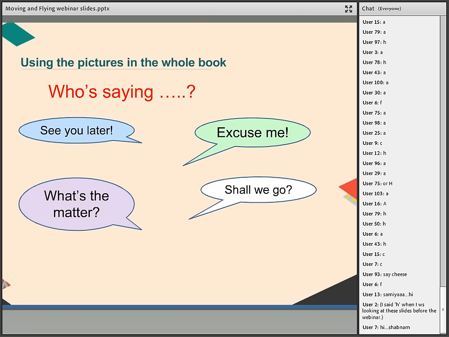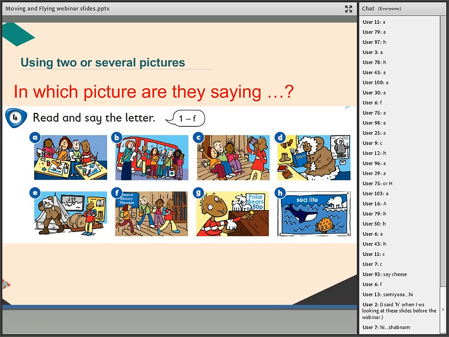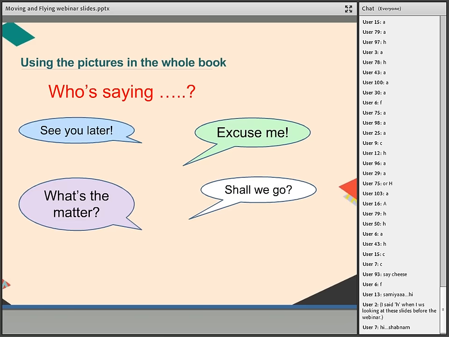Okay, so that was using, let's go back to that. There we were using a set of pictures which appeared in the book for a picture story. But we can also use all of the pictures throughout the course book. So you could give students speech bubbles like this, which are all examples of everyday expressions and exclamations that appear on the movers and flyers vocabulary lists.